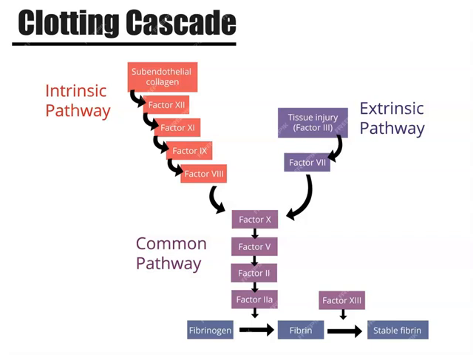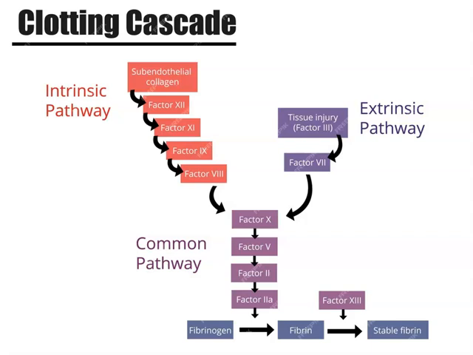All right, so intrinsic and extrinsic pathway basically just depends on whether we're having an internal sort of vessel ripping, sort of an internal bleed, versus external, where the tissue has been injured externally. So you can see that the intrinsic pathway starts with factor 12 to 11, down to 9 and 8, and you have the extrinsic pathway starting with factor 3 to factor 7, but where they both come together, that common pathway is factor 10.